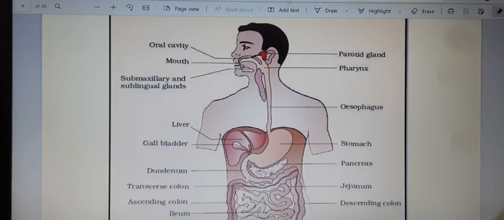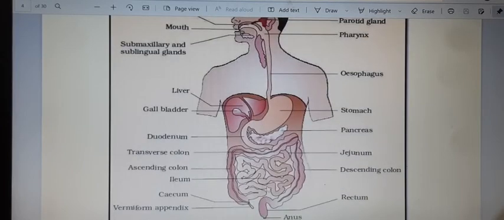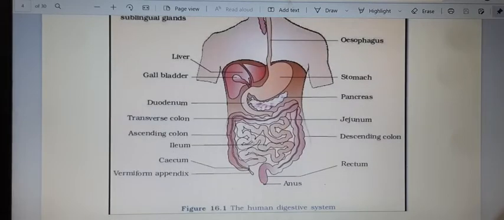Then this duodenum continues into the jejunum, and then this jejunum continues into the ileum part of the small intestine, which is very long. Then the ileum opens into the large intestine, at the place where the small intestine opens into large intestine.